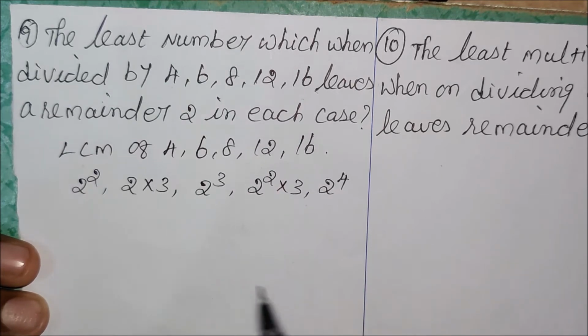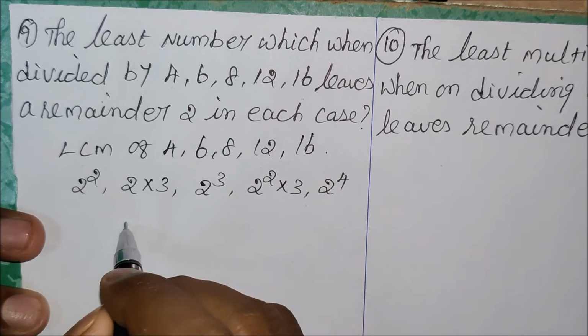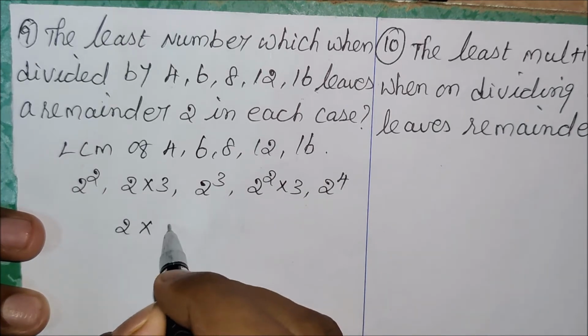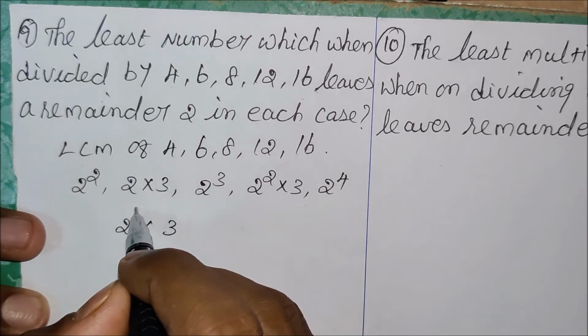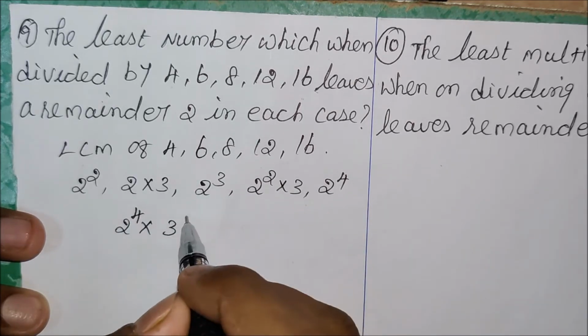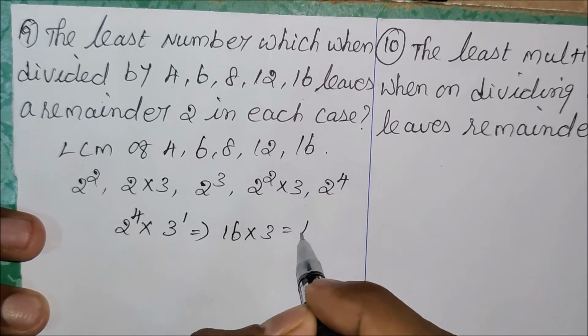Now we can find the LCM. Here we have 2 as well as 3. For 2 the highest power is 4, for 3 the highest power is 1. So 16 into 3 is 48.